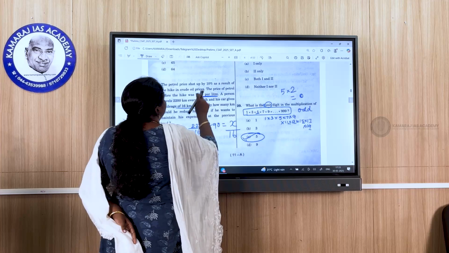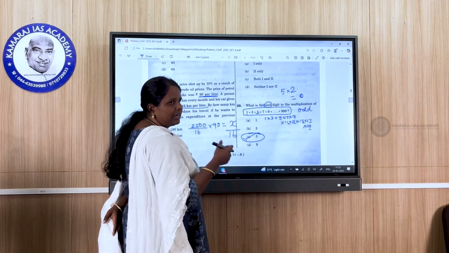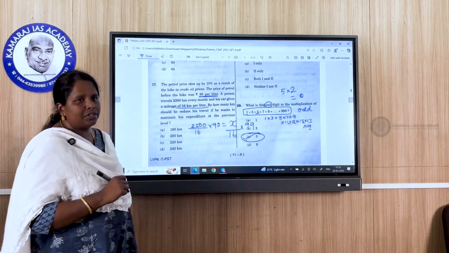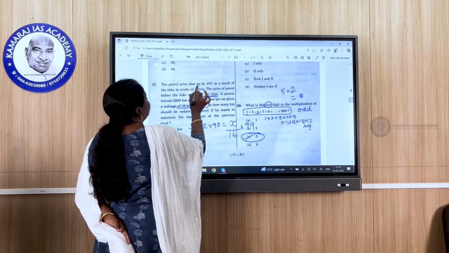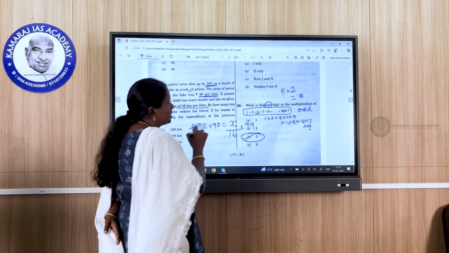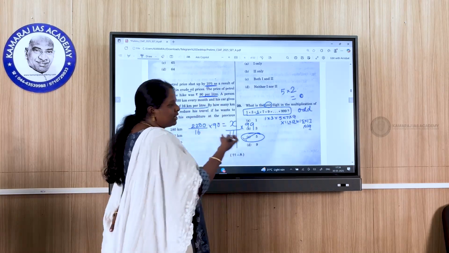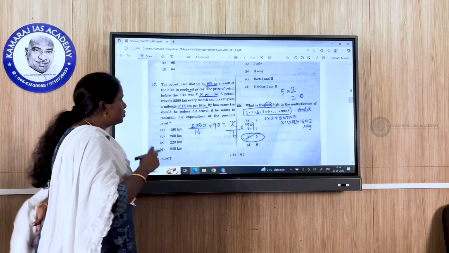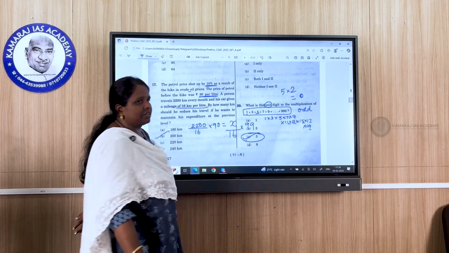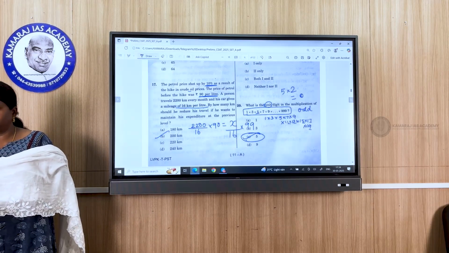The price is 90 rupees; if you increase 10%, it becomes 99 rupees. So rupees 90 per liter is the actual cost, and if I increase 10%, it becomes 99. Solve for x, and you will get 200 kilometers.